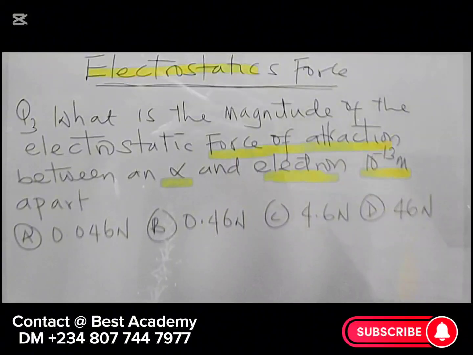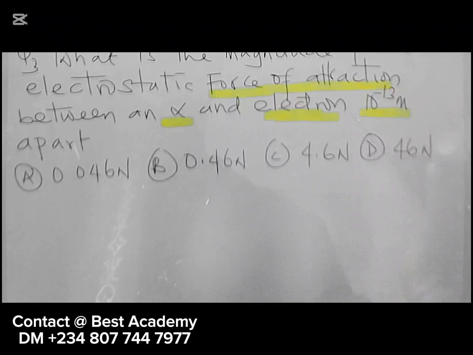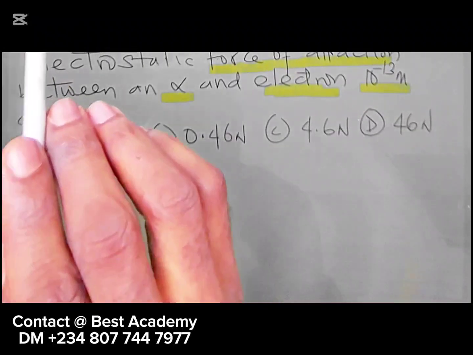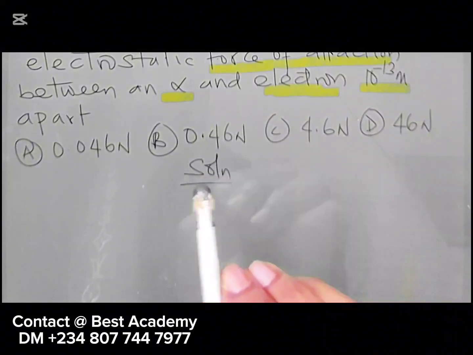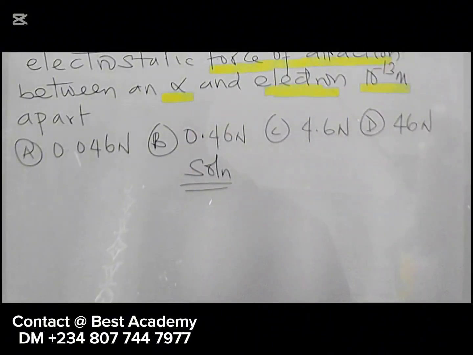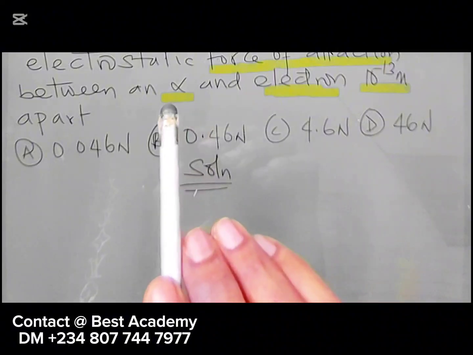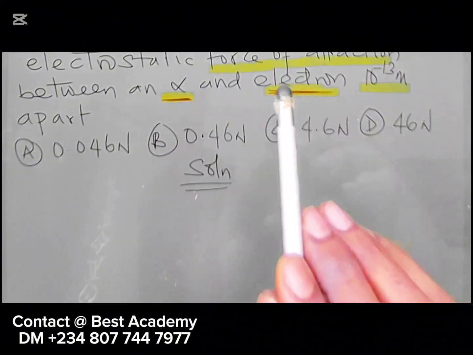Okay, now let's focus on the solution. Let's solve this. We are asked to find the force between two charges, represented here by the alpha charge and the electron charge.